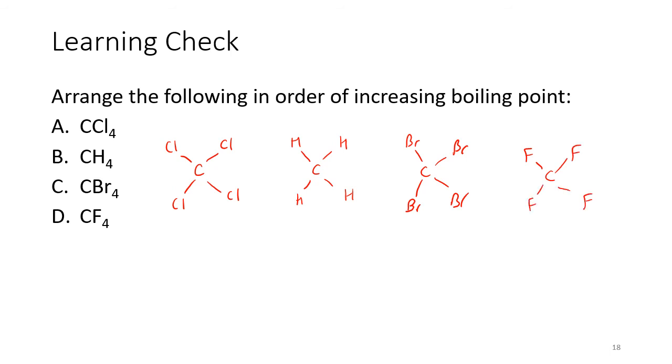What we first should notice about these four molecules is that they all have the same molecular shape or the same geometry. Each one of them is AX4, so their shape will be tetrahedral. Two molecules will lie within the plane and two will be pointing forward and backward. Also, they're all going to be nonpolar molecules, because they have that symmetrical shape and the outer atoms on each one are identical.